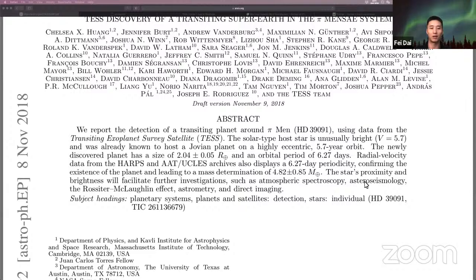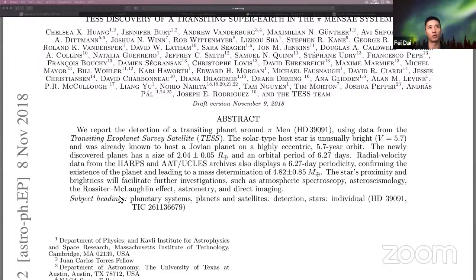Asteroseismology is basically measuring the oscillation of the host star, and the modes of the different oscillations actually encode a lot of information about the host star, including its mean density, its age, its chemical makeup, etc.